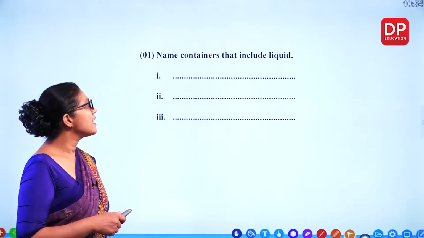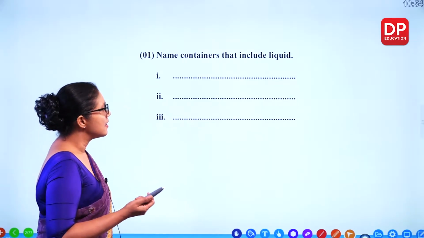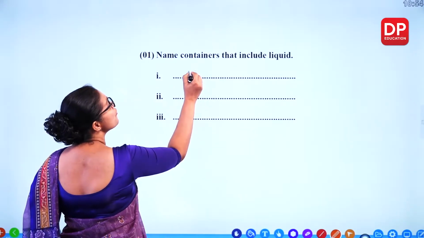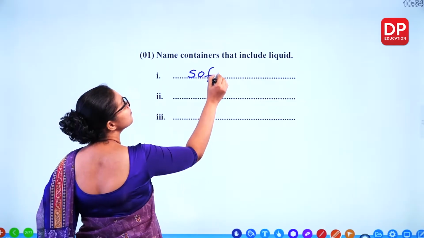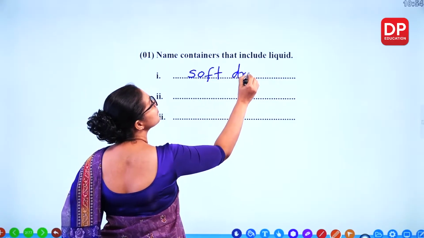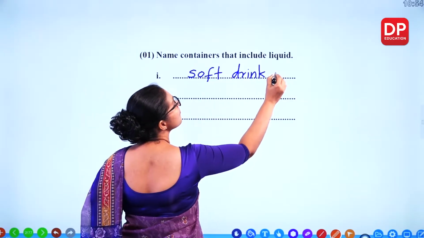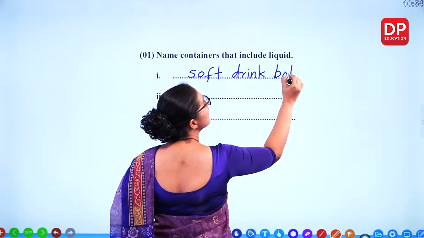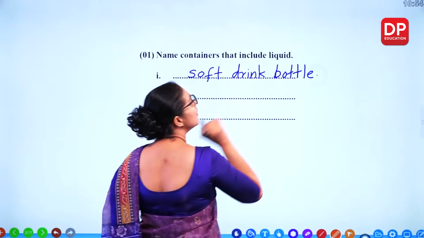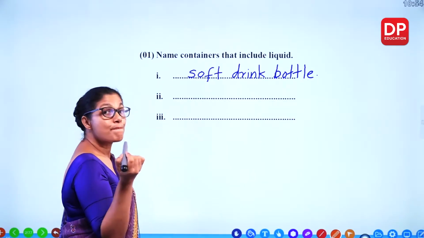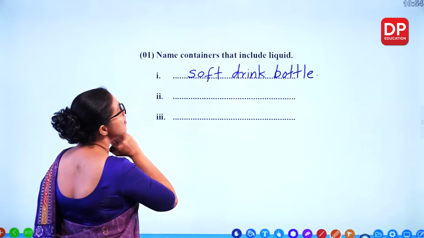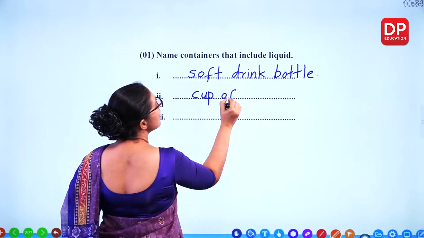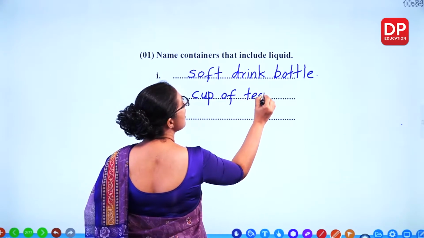So what are the containers we can write? Soft drink bottle. What else? When you take a cup of tea, you put tea in a cup.